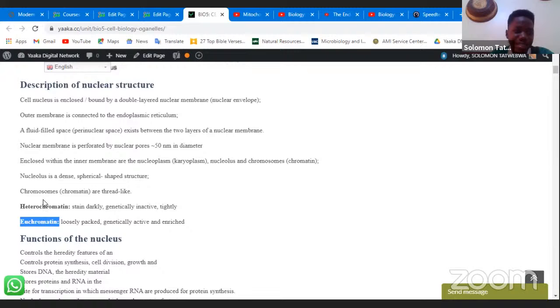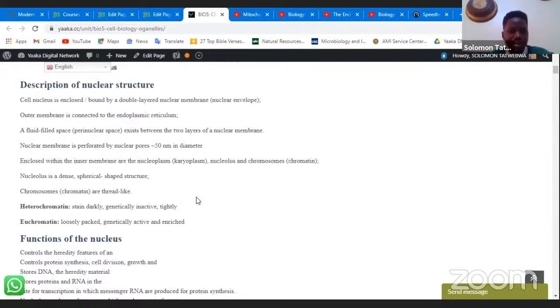If you are asked the difference between heterochromatin and euchromatin, the euchromatin is genetically active, meaning it codes for certain proteins. The heterochromatin is inactive. It codes for none of the proteins that we need in our bodies to perform various functions.